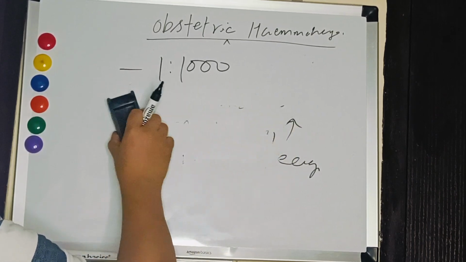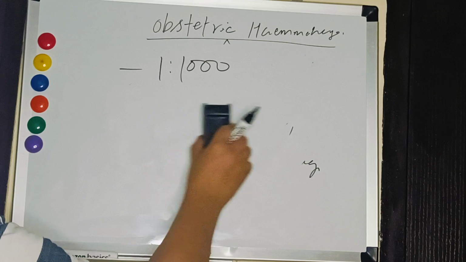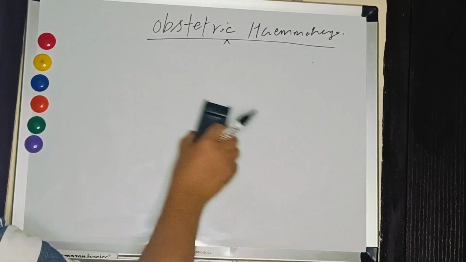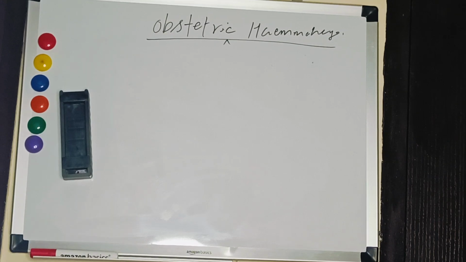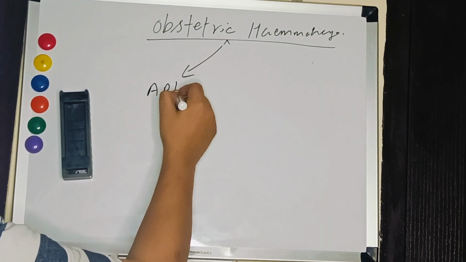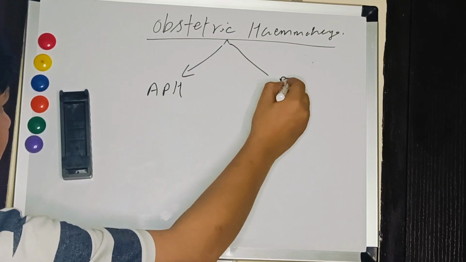It's a matter of team planning, multidisciplinary coordination, and a proactive approach. Obstetric hemorrhage is mainly divided into two categories: antepartum hemorrhage and postpartum hemorrhage.